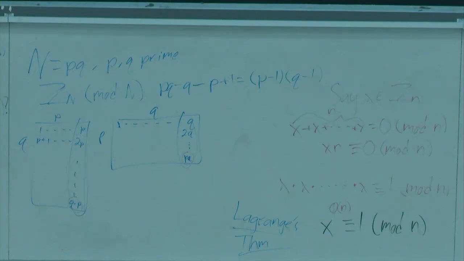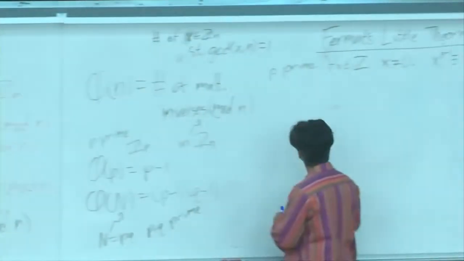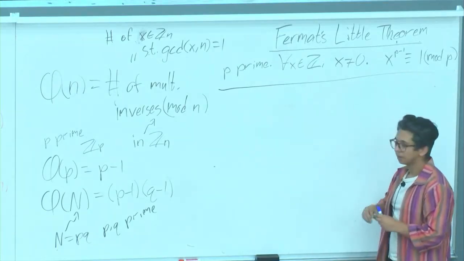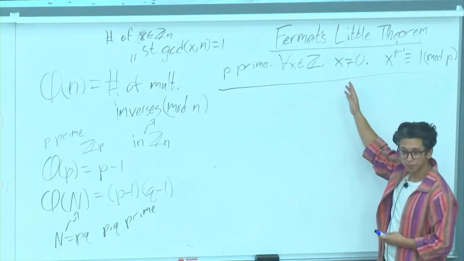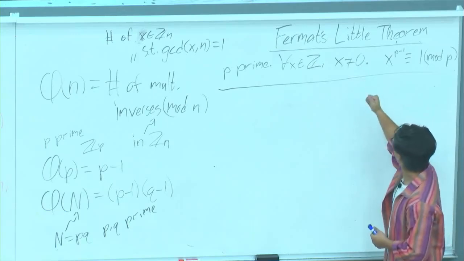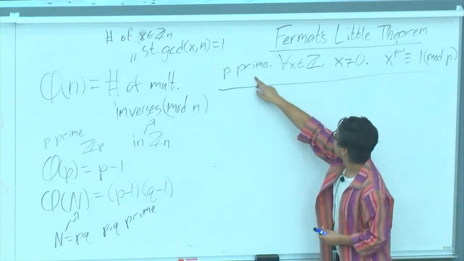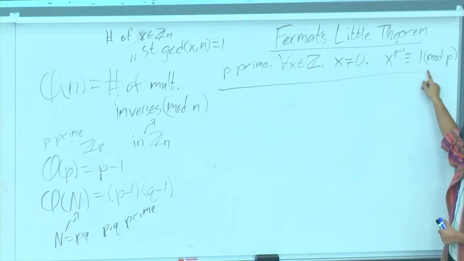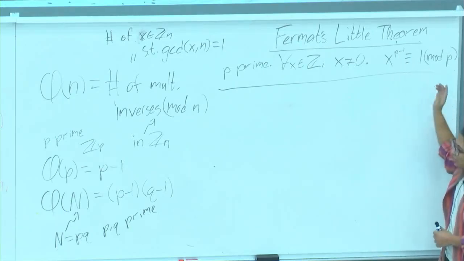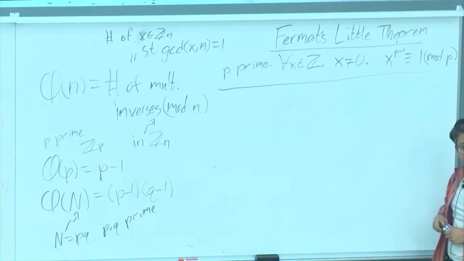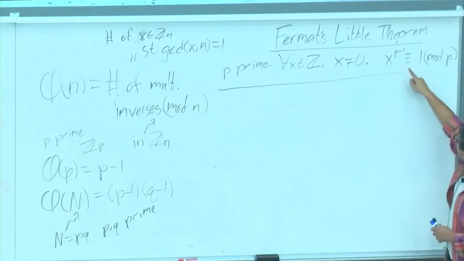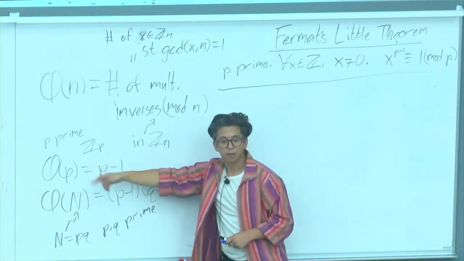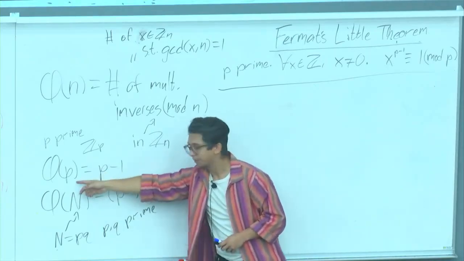One is called Fermat's little theorem. This is something that is in the notes. It says that if you have a prime p, then x to the p minus 1 is congruent to 1 mod p. That's just a special case of Lagrange's theorem. p minus 1 is what phi of p is, the number of things that are relatively prime to p.